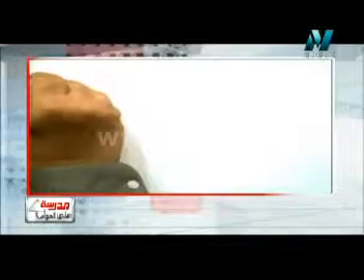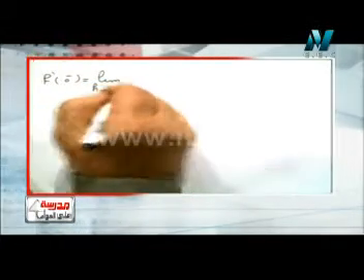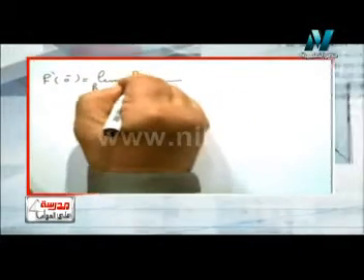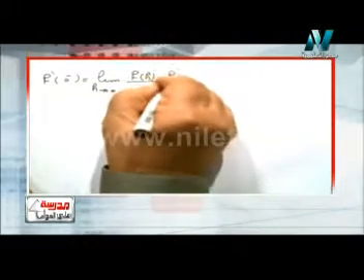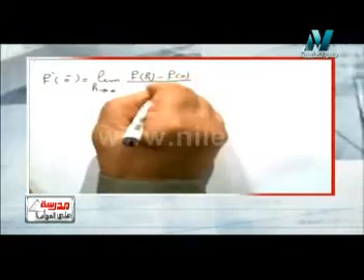f dash 0 negative. This is the limit as h tends to 0 of f of 0 plus h, which is f of h minus f of 0, all over h.